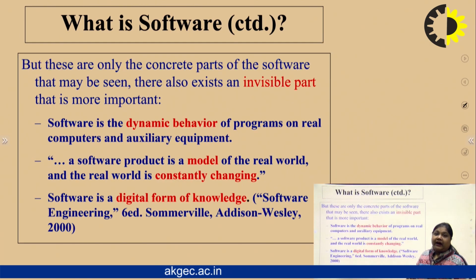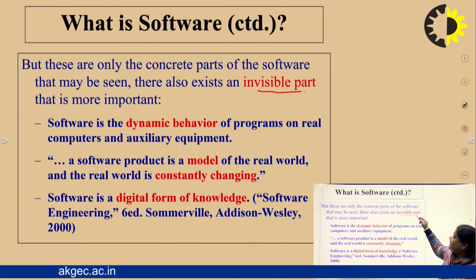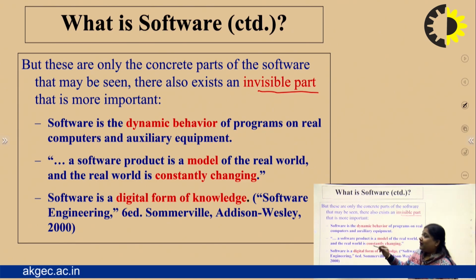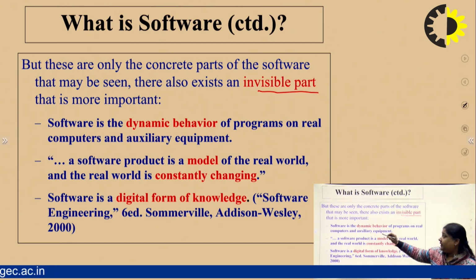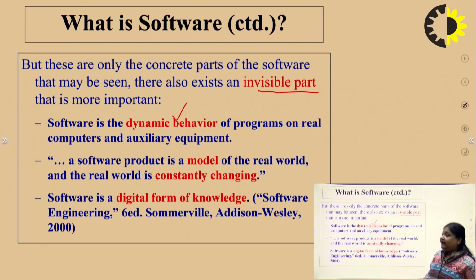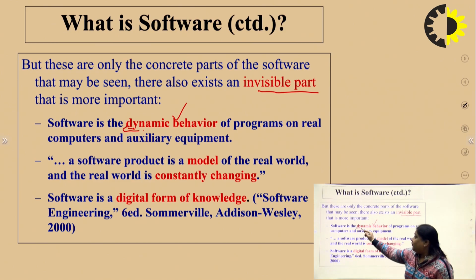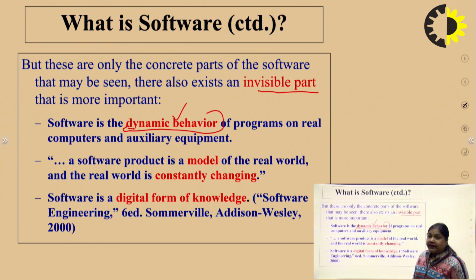But these are only the concrete parts of software that may be seen; there also exists an invisible part. So what is that invisible part? It is the dynamic behavior of the programs on real computers and on the auxiliary equipment. That is the important part of any software, the dynamic behavior.